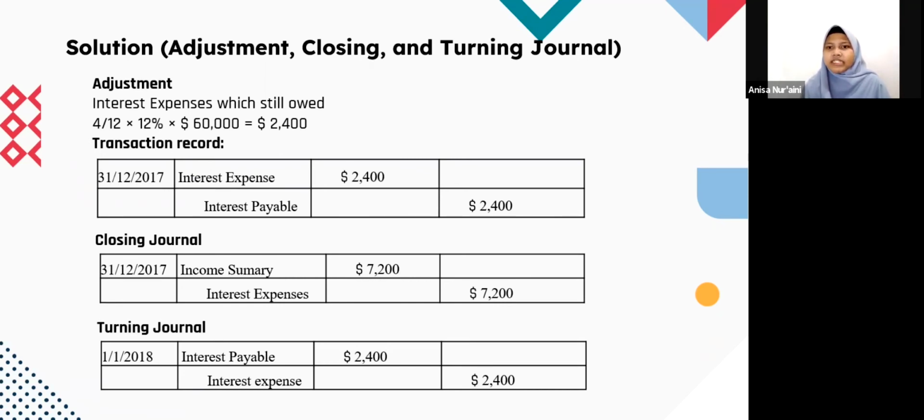The turning journal includes interest payable on debit and interest expense on credit for 2,400. The next is the journal of interest payment.